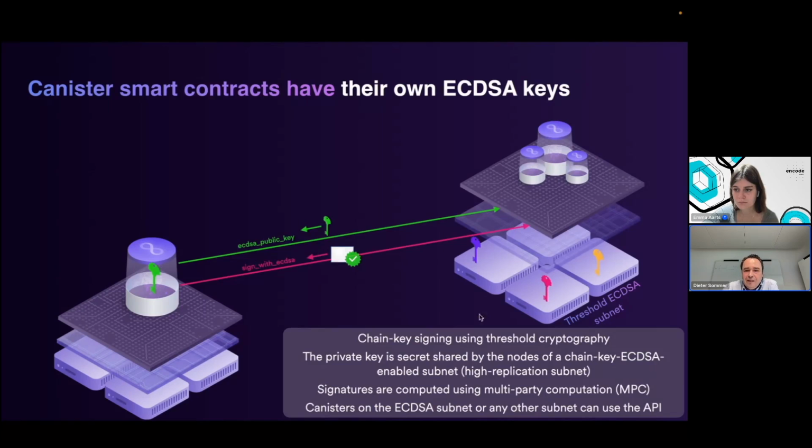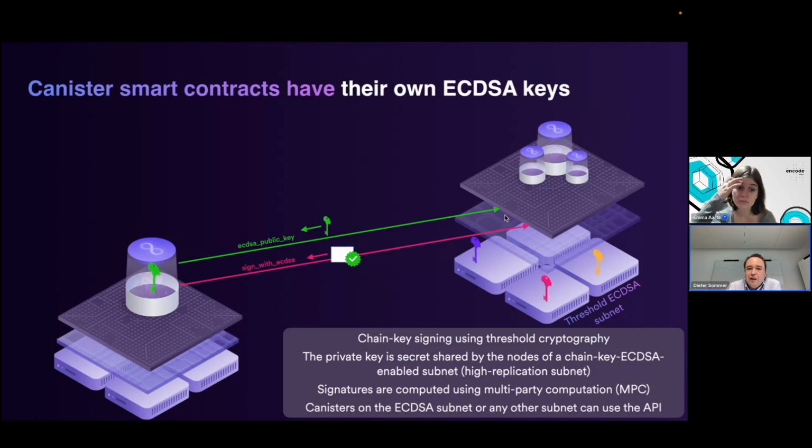The public key is no problem to be seen by the canister because it's public information. And the private key, as I said before, is never leaving this subnet. It's represented in the form of the key shares here. But what the canister can do is request a signature with its private key from this subnet. If it requests this by calling the sign with ECDSA method on the management canister with the according parameters, then this subnet would compute the threshold ECDSA signature using a cryptographic multi-party computation protocol.